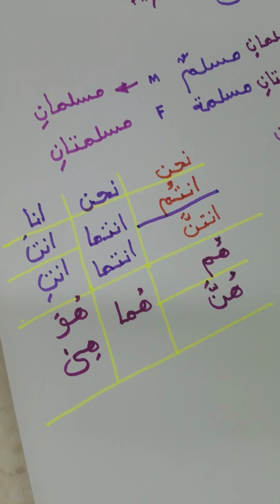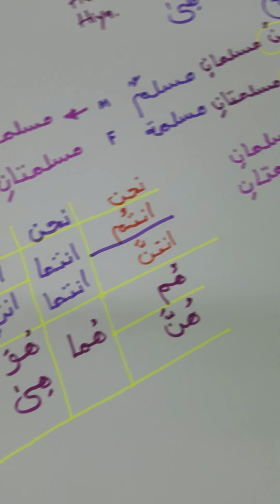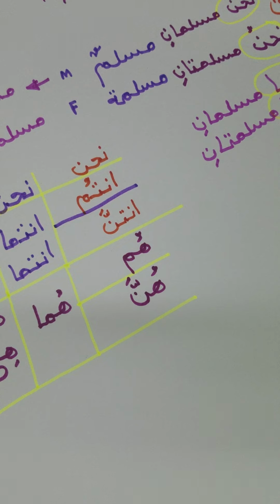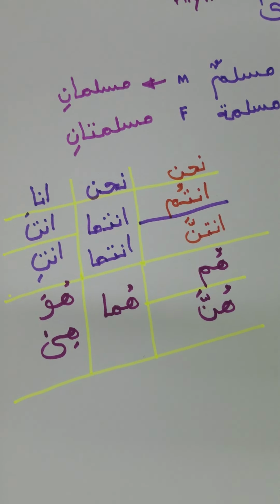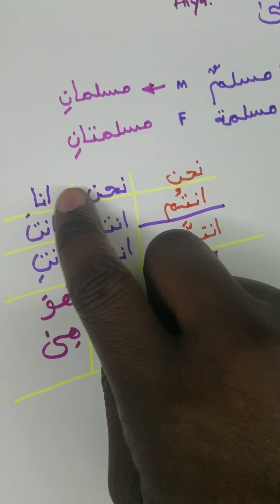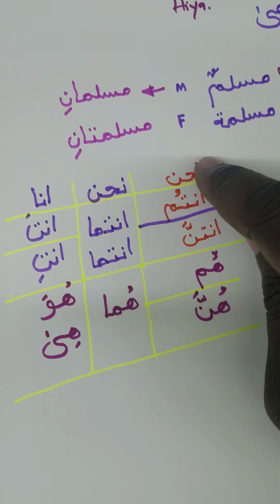Now some people are saying things are going to get a little bit complicated, and you can only complicate this if you want to, but I'm telling you it is as plain as you'll see it here. In this chart, I hope it will make it much easier for you. You can easily see that ana is singular, nahnu duo and plural.